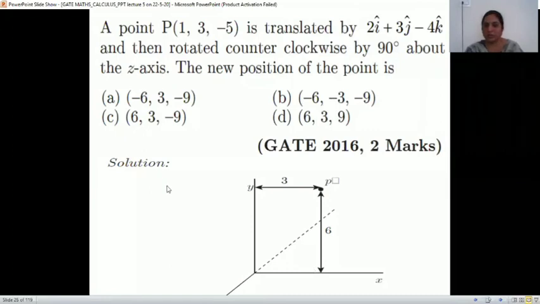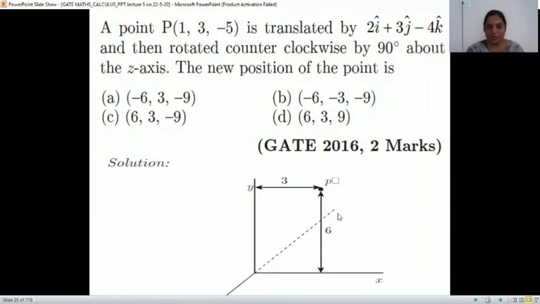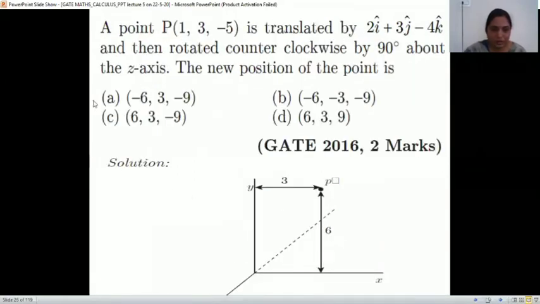The third and last points, with 6 and 3, give 18 plus 18, which will not be 0. So only the first point satisfies this equation, so the first answer is correct. The new position of the point is (-6, 3, -9).